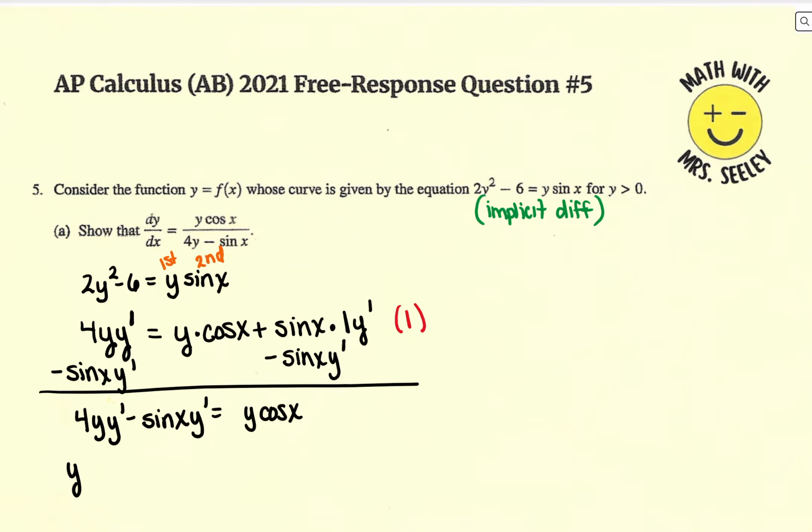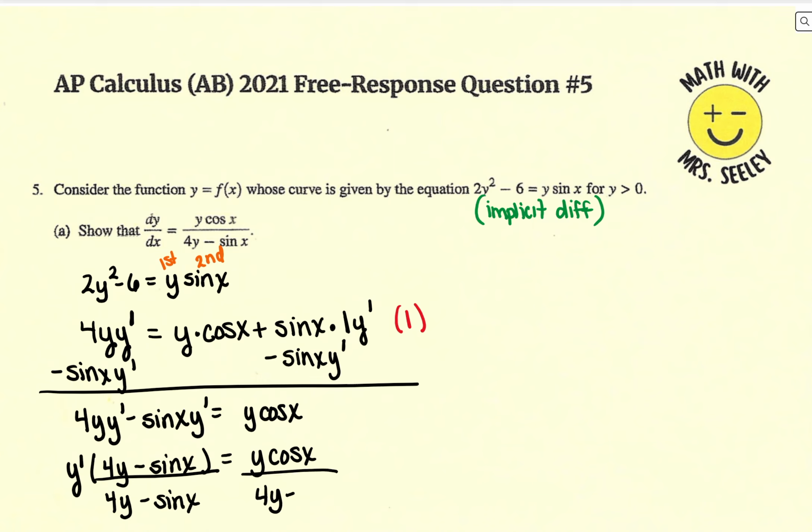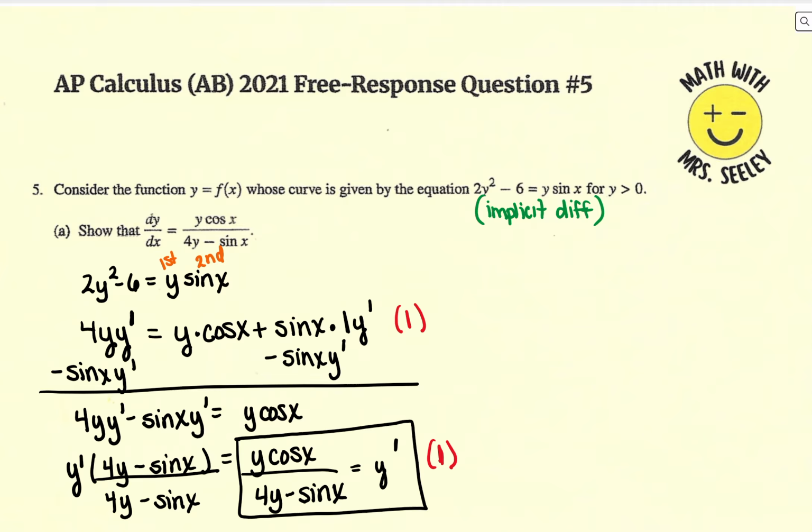Now let's factor out the y prime and have 4y minus sine x in parentheses equals y cosine x. And then I will simply divide and get 4y minus sine x to divide on this side. And I will divide by 4y minus sine x on this side. And then I'm able to show that that's what y prime is equal to. If you were able to do that successfully, give yourself the second of the 9 points.